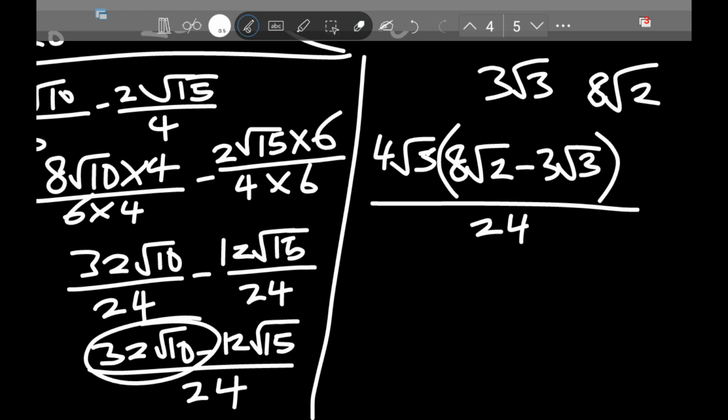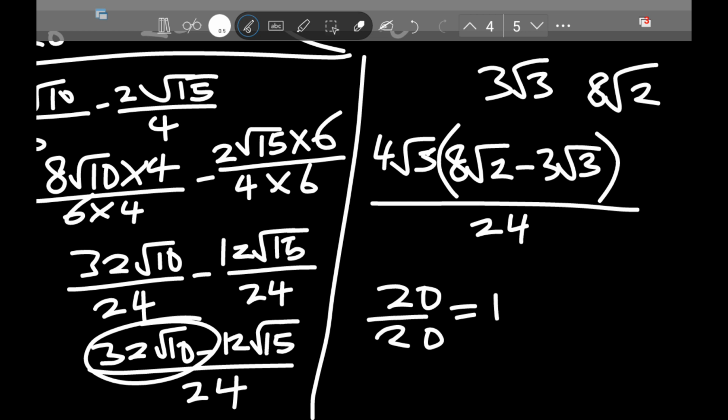So now take a look at this 4 and this 24. Can we divide them? What do you see? Yes, we can divide this 4 by 4 and divide 24 by 4 to reduce it. So how many 4s in itself? Any number that is divided by itself should give you 1. 4 divided by 4 should give you 1. For example, if you divide 20 by 20, you should get 1.